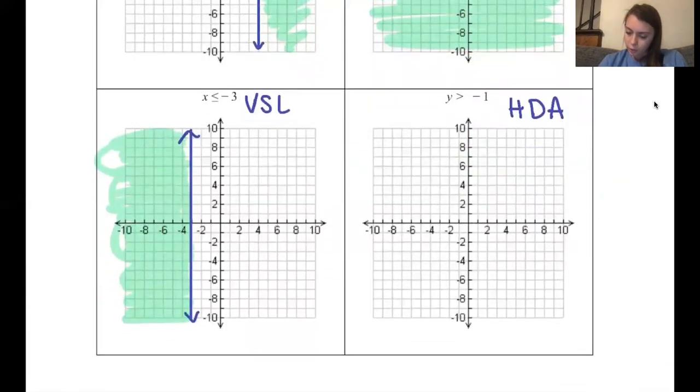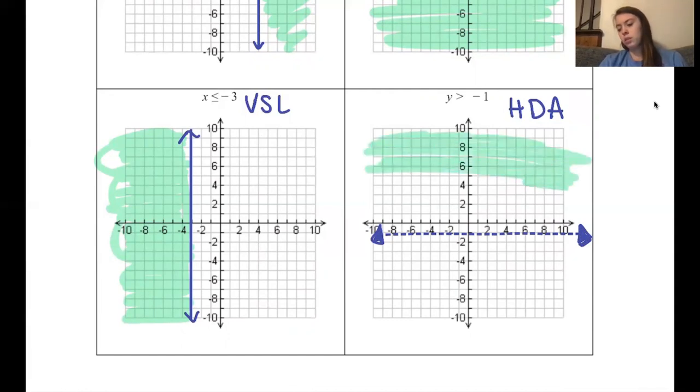But we're going to go to -1, and I'm going to do a dotted line at -1, and it's going to be a horizontal line. Okay, and then I am going to graph above because all of the y values above -1 are up here. And that's how you do that.